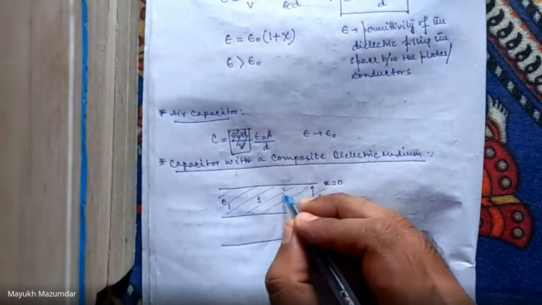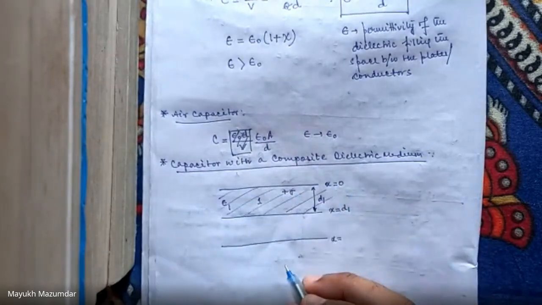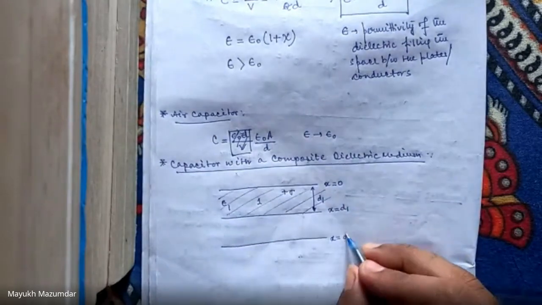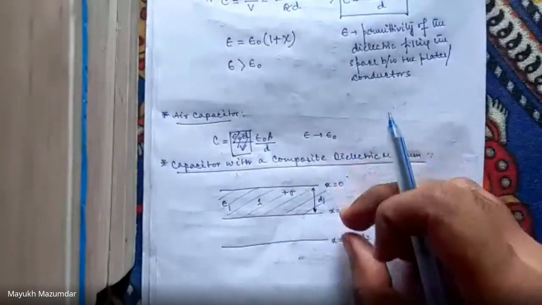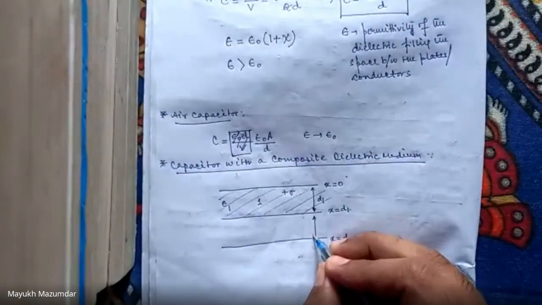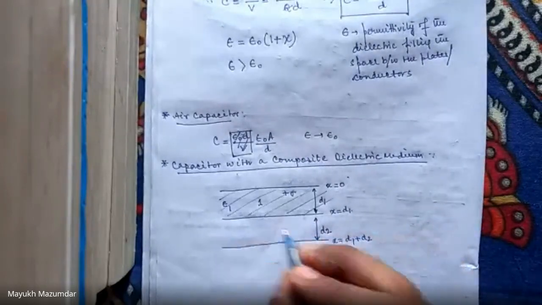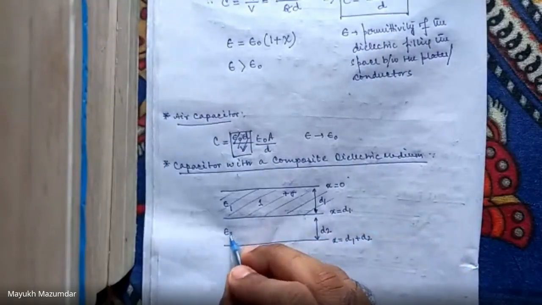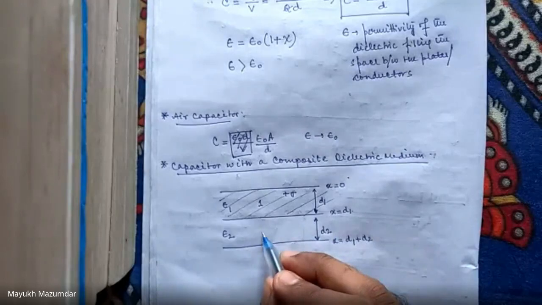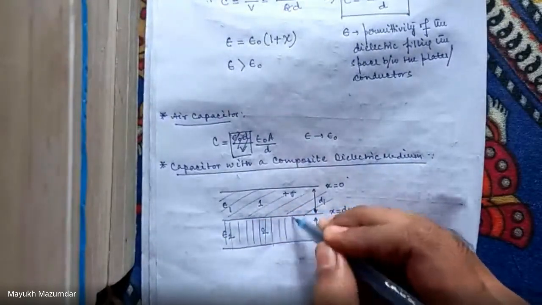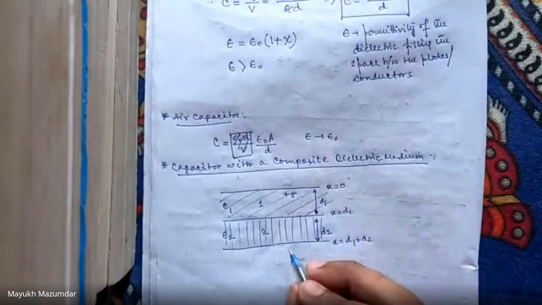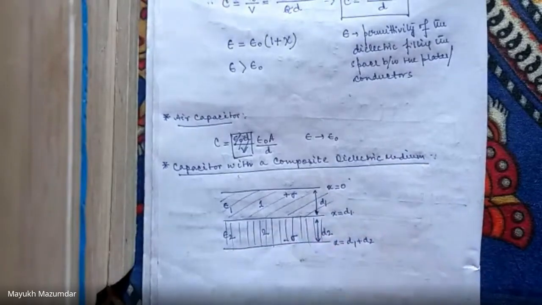This plate had positive sigma like we assumed before. From d1 to d2, the total distance here would be d1 plus d2, this being d2, I have another material whose permittivity is epsilon 2. Let me call this region 2, and this plate has negative sigma.